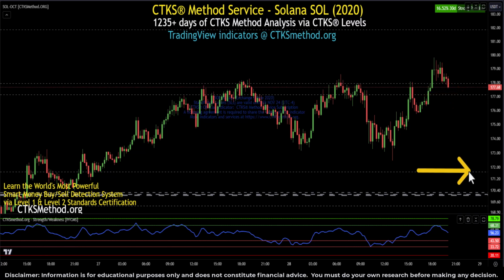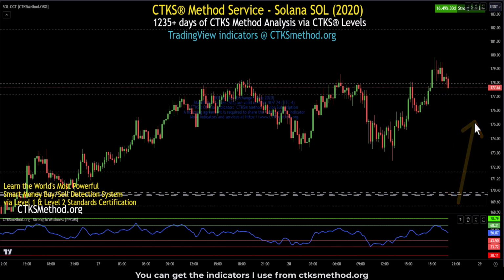Now, when you look at just below the 172 and around that 170 area, this is a thermonuclear area of structural support. If you're layering down and expecting a fill there, I wouldn't be too surprised if you get it under a bearish case scenario and see a quick reversal. That would be the bearish case.